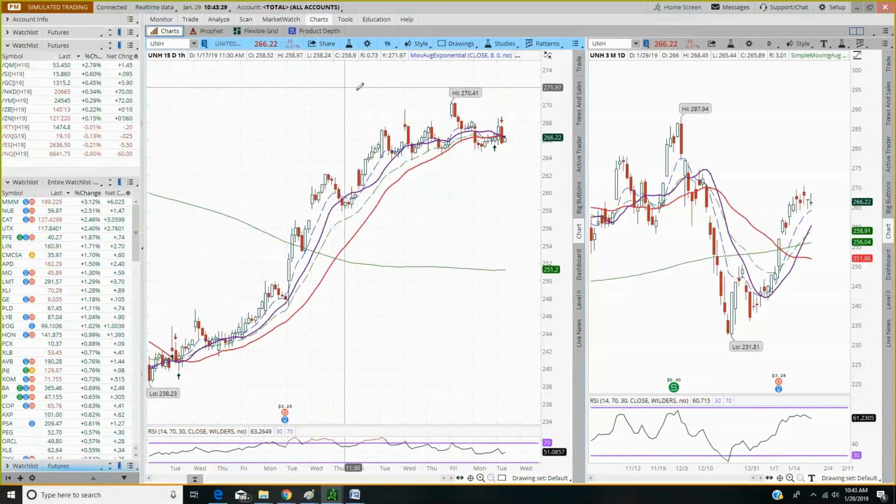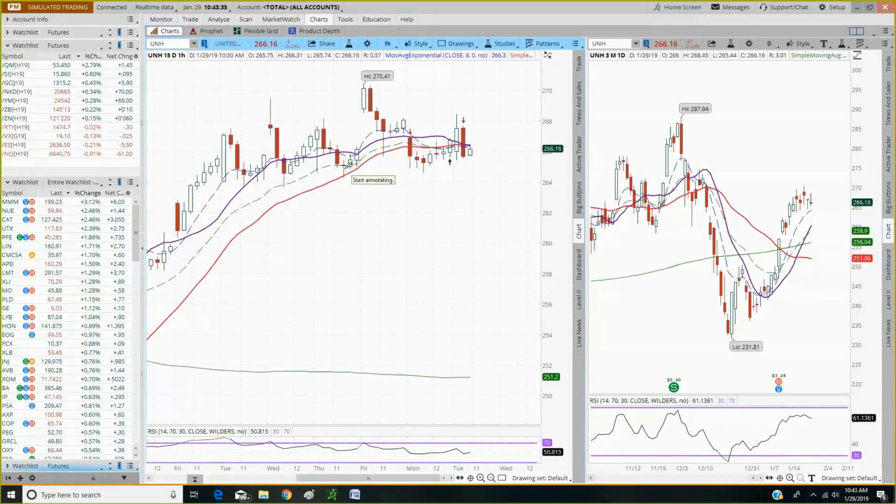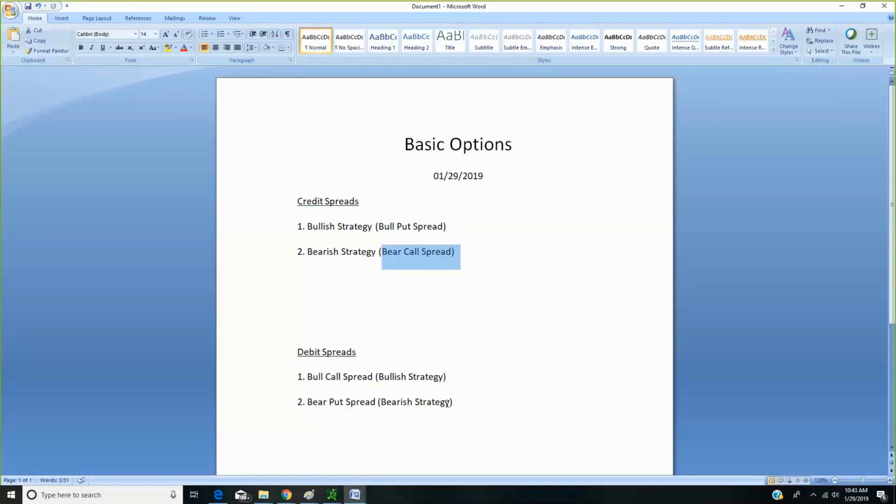So like here, look. This is UNH. I'm in a bear call spread. Okay? So what I would like to see happen for me to do, your terminology, I know there's so many terminologies, but in this case, a bear put spread, which is bearish.